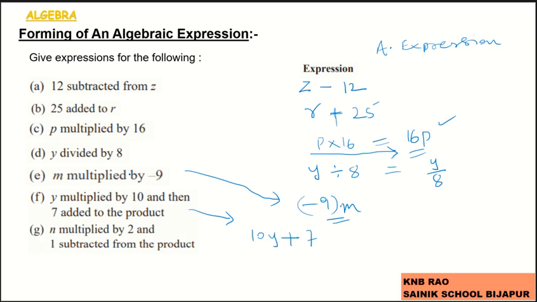One more example, n multiplied by 2. That means 2n, and from that product 1 is subtracted. So 2n minus 1. Then these are the expressions in mathematical language that I have written for the given statements in English language form.